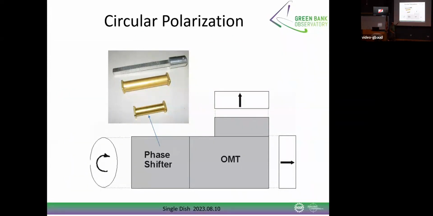So if you have an experiment and you want to measure the circular polarization, you have to insert a phase shifter in front of the OMT. It's like a quarter wave plate in light optics, same concept. But in this type of receiver that has the waveguide phase shifter as part of the receiver, you can't change it.